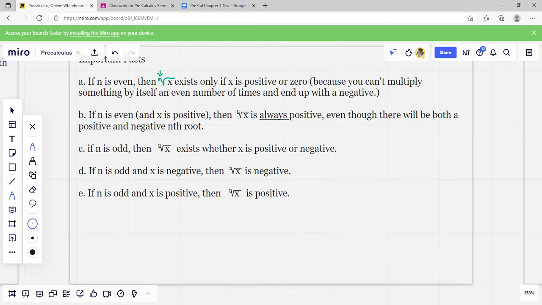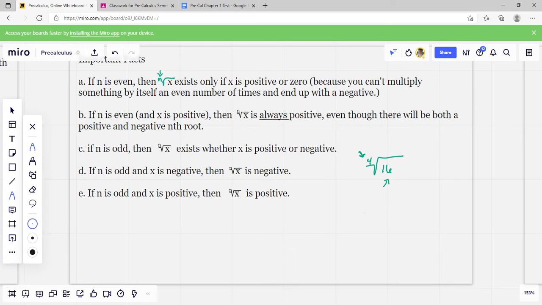All right, so let's say that we had a fourth root, that's our n, of, let's say, 16. It's saying that if n is an even number, and x is a positive number, then the root is always going to have to be positive, even though there will be both positive and negative nth roots.